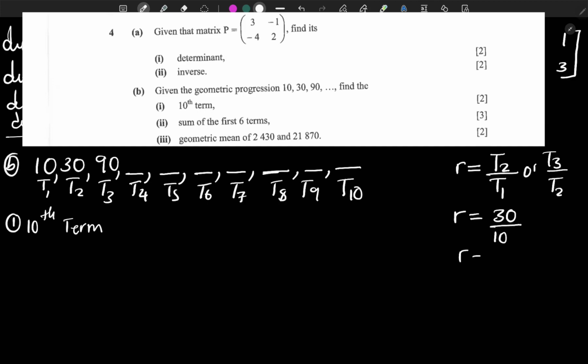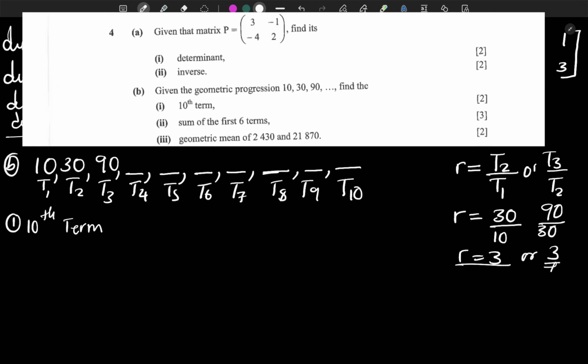So if you divide the two numbers, our common ratio is 3. Or if you want, we can also find the same common ratio by dividing 90 as our third term over 30 as our second term. So as we can see, we are still getting a 3. So this means that the first term 10 was multiplied by 3.